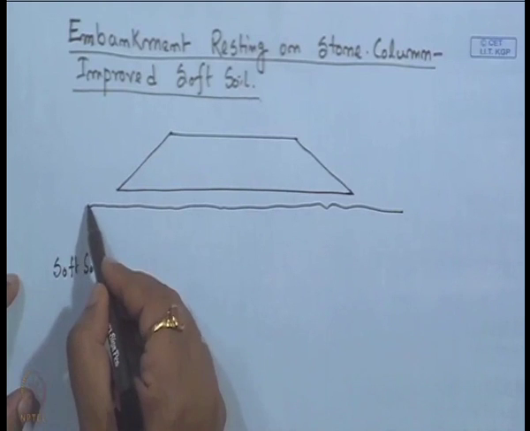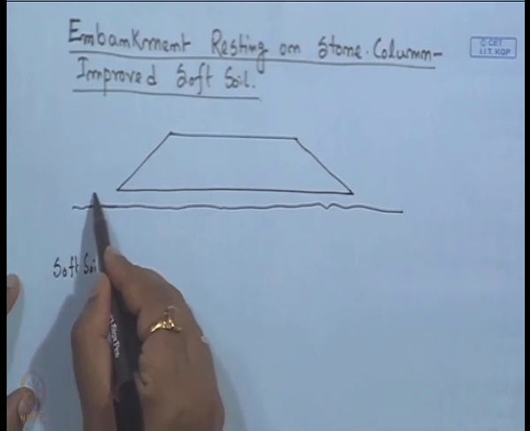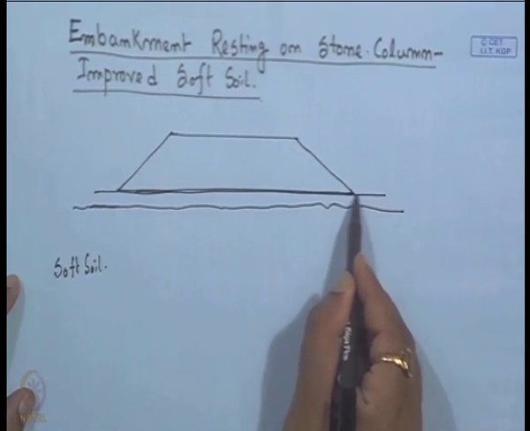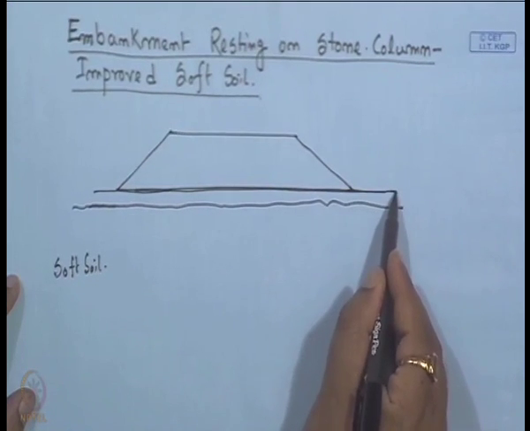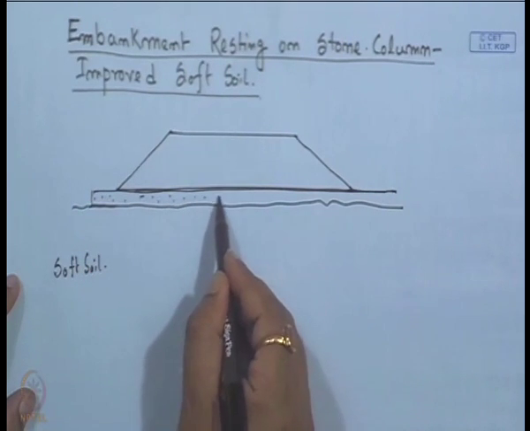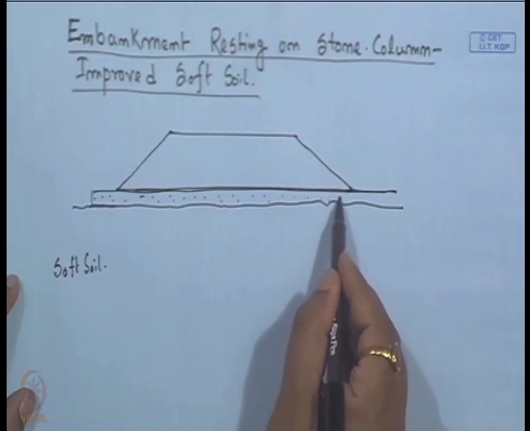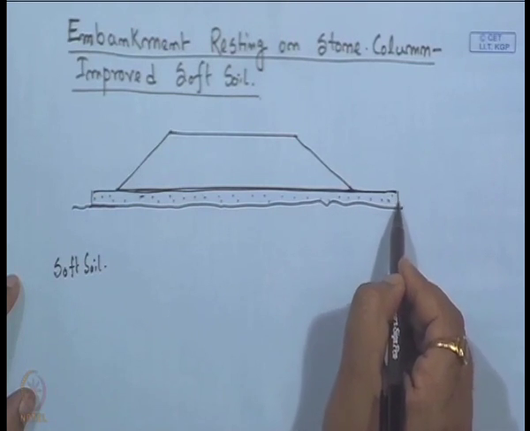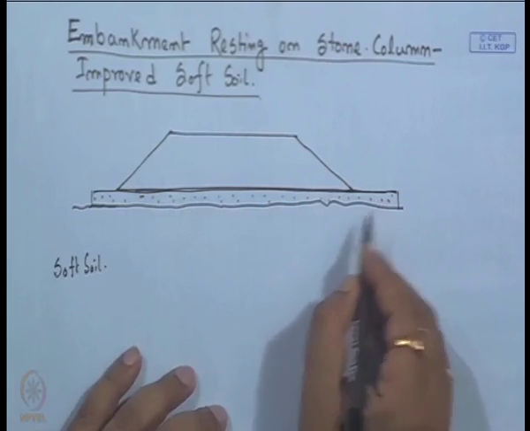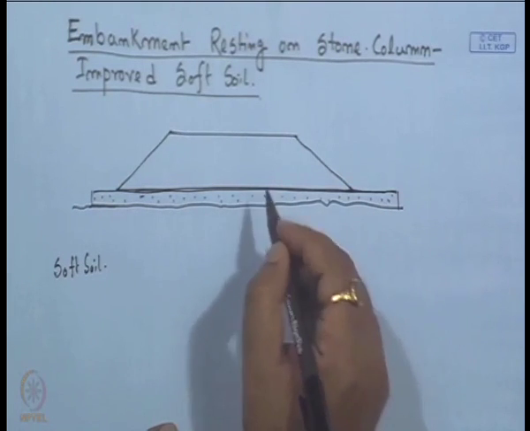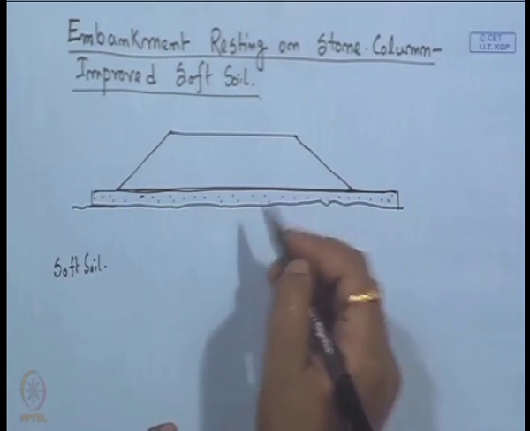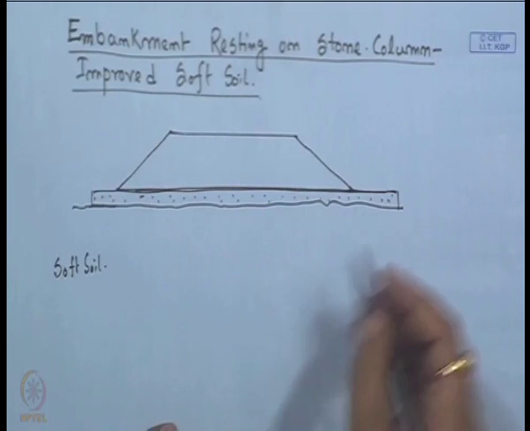Now, suppose this is the embankment, then first we will place one granular layer on this. The idea of placing this granular layer is so that we can make this ground workable, so that the machinery which will be used to construct the embankment can easily stand on this soil, because this soil is very soft.